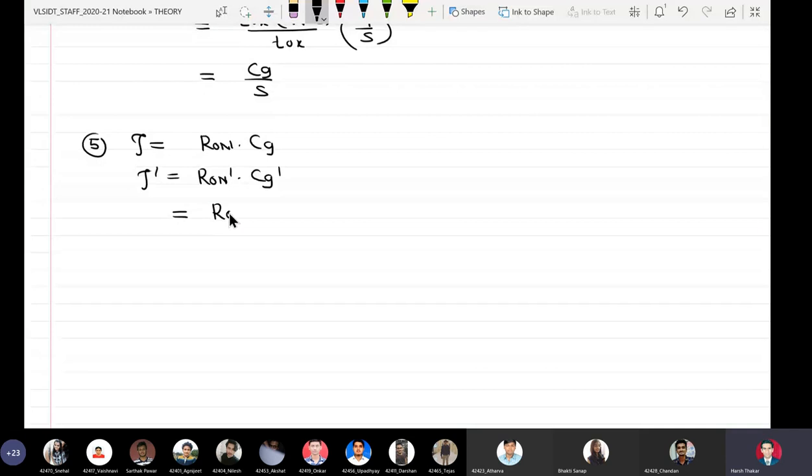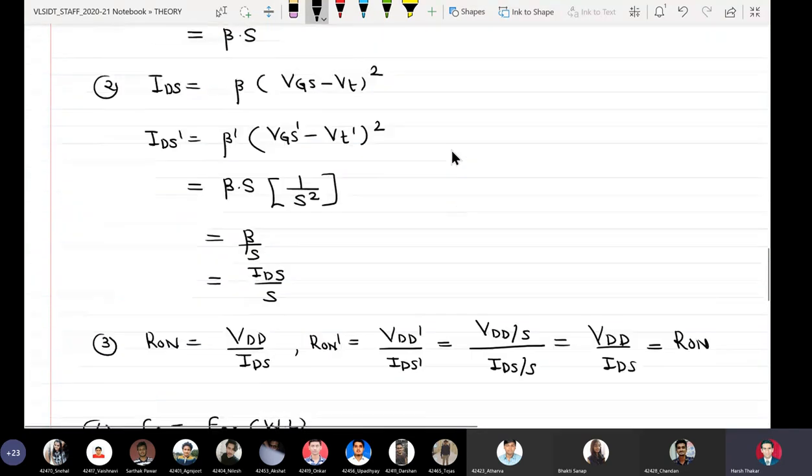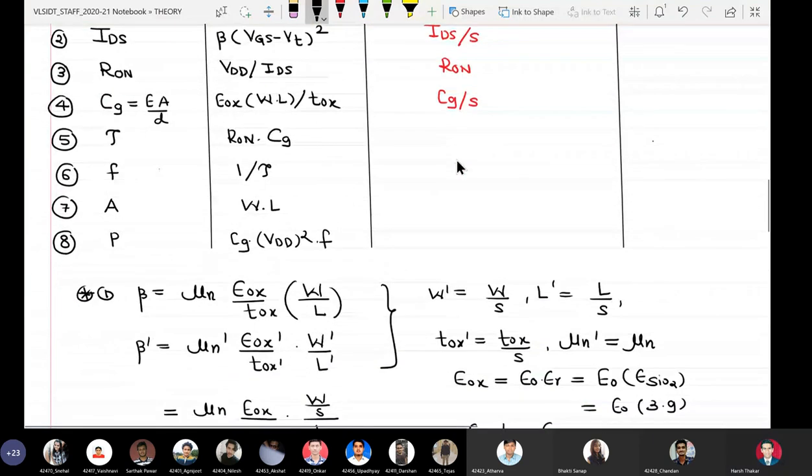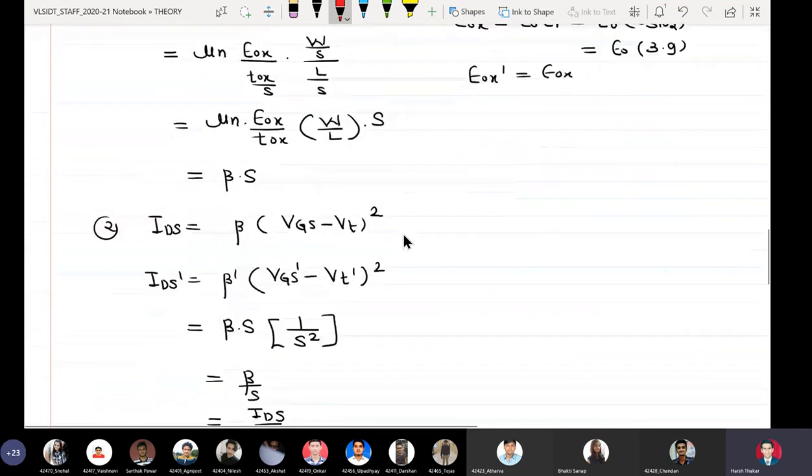Now we know that R on has remained R on while Cg dash has become Cg over S. So now it becomes equal to tau over S. So the time constant has reduced by the scaling factor. It is going to enhance the operating frequency.